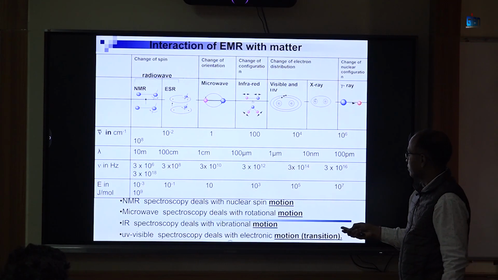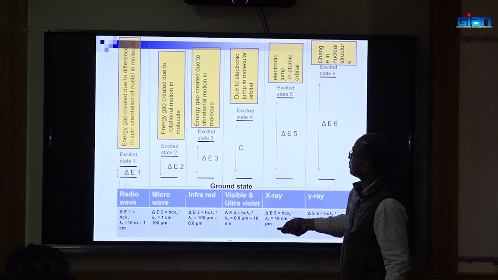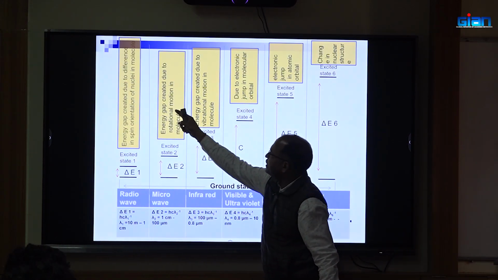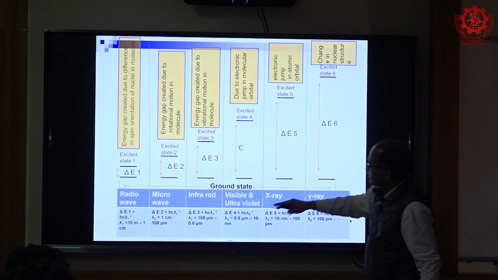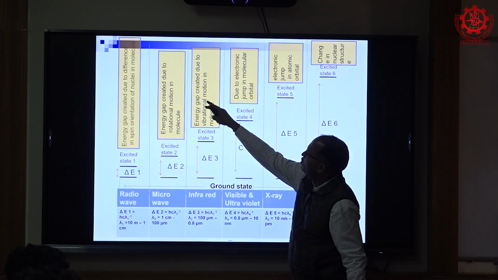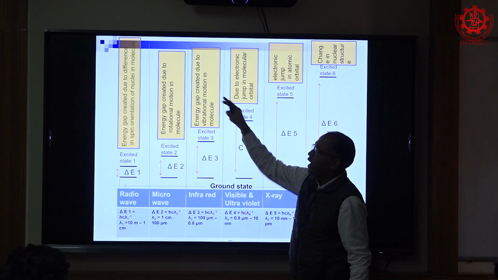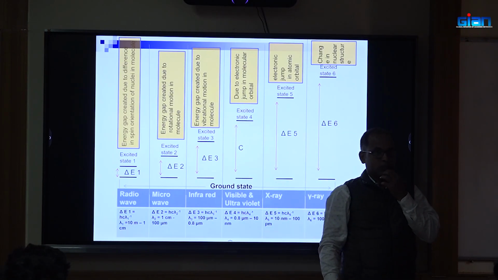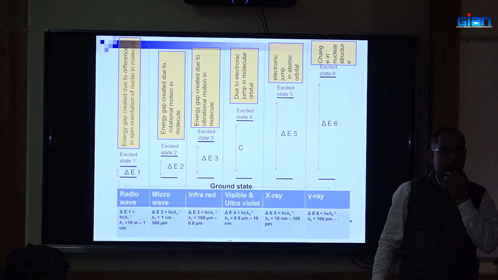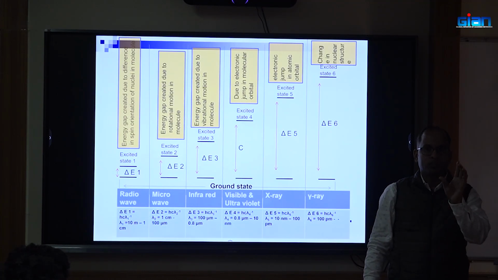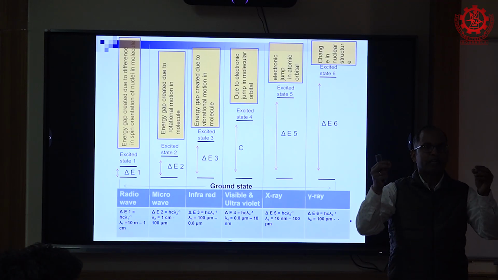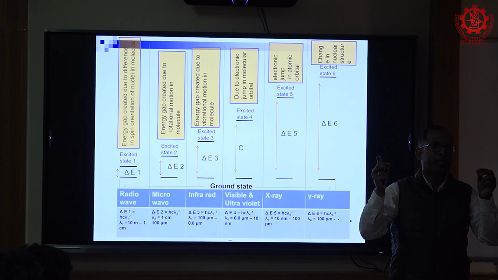Here we have given what kind of interaction it does. IR is here: the energy gap is created due to vibrational motion. If you think about carbon dioxide or water, there is an OH bond, and it is considered like O and H connected to the two ends of a spring.